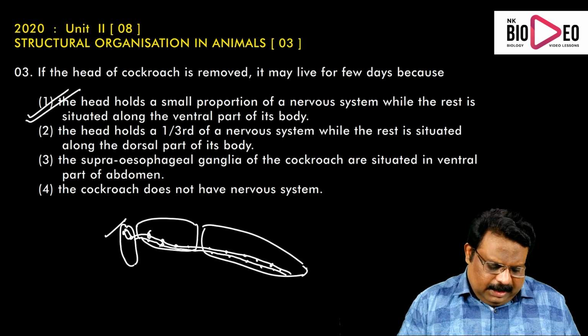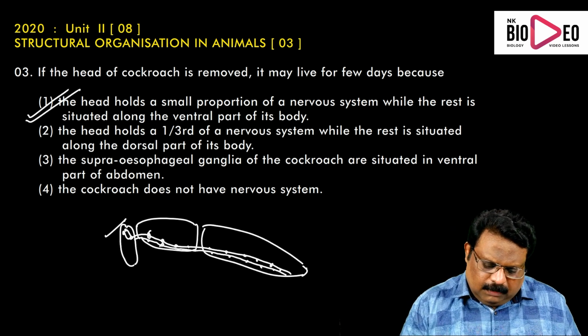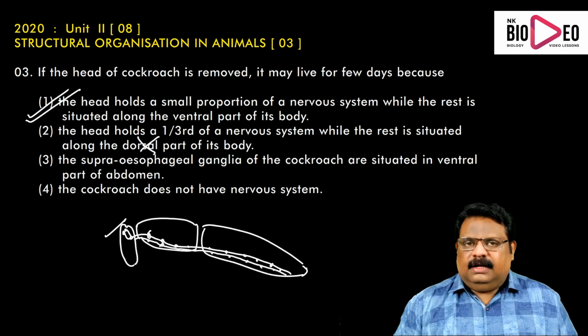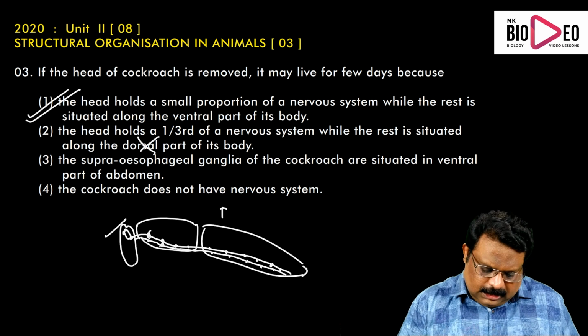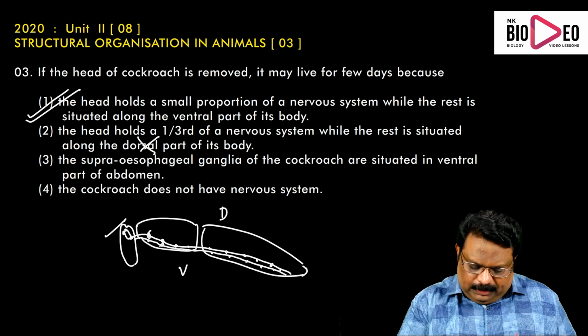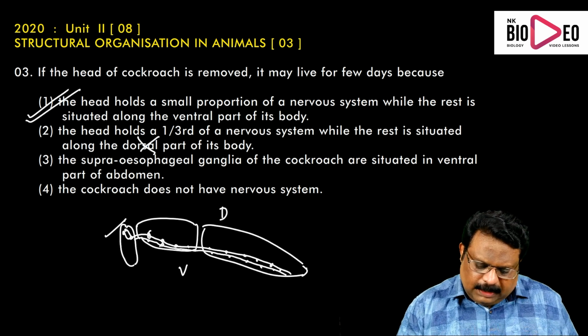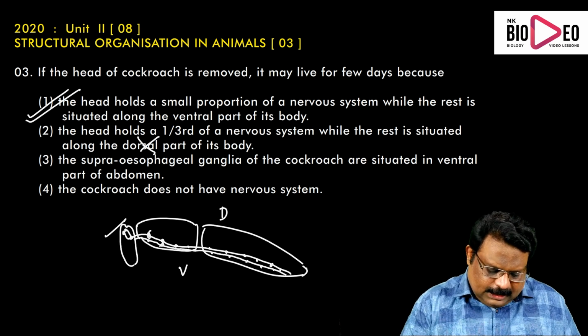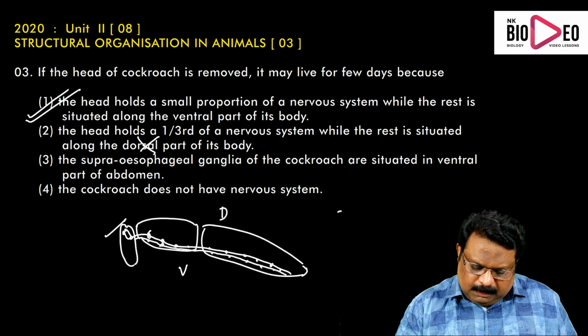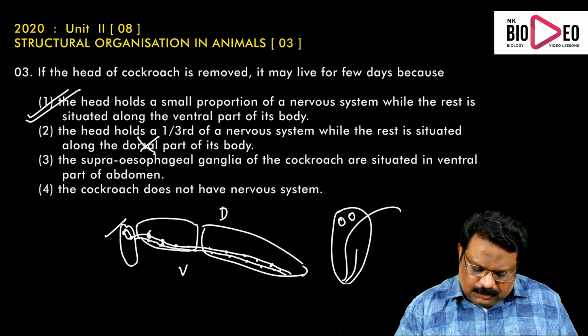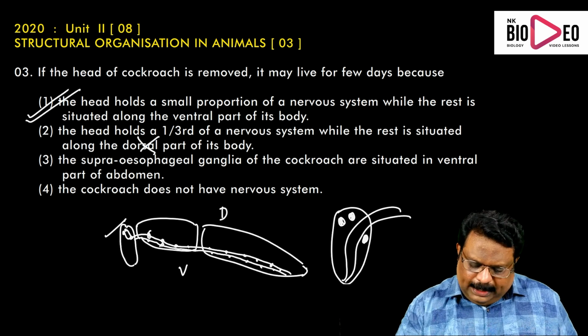Okay. We can see the second choice. The head holds 1/3 of the nervous system while the rest is situated along the dorsal part of the body. It is not dorsal. In the case of all invertebrates, this is the dorsal side and this is the ventral side. The nerve cord is always ventral. Then the supraesophageal ganglia of the cockroach are situated in ventral part of the abdomen. Actually, this is supraesophageal ganglion. Suppose this is the head region. This is the esophagus. Okay, so two ganglia are present just above the esophagus. So they are called supraesophageal. One is situated below.